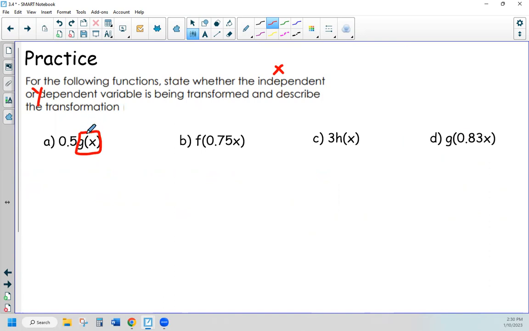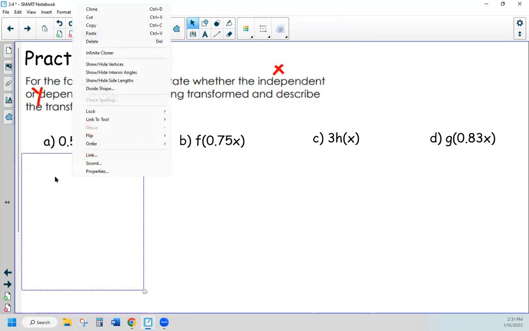So this parent function g, this is happening to it. What I want to remind you is that g of x is the same thing as saying y. So we're multiplying straight to the y. And what does y tell us? Y tells us that something is being done vertically because y values are up and down numbers. So the first part of my question is, what am I affecting?